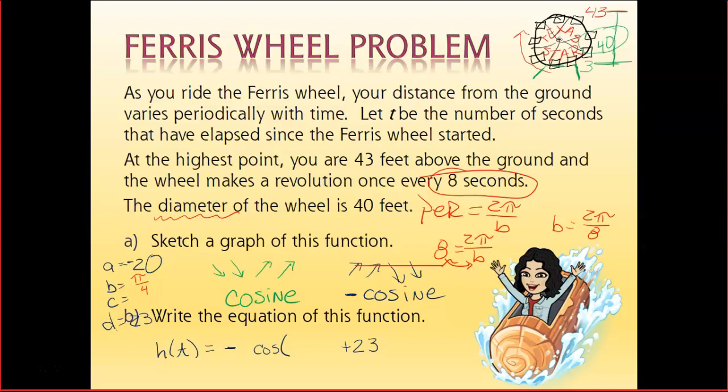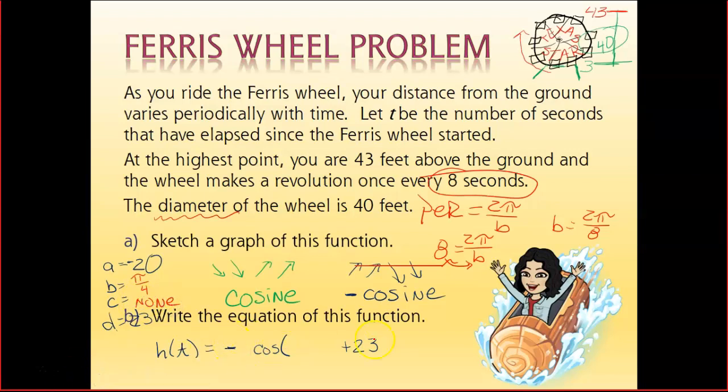Now, since we know we're using a negative cosine, instead of starting at the tip top, I have to start at the way down low. Am I at the way down low when I look at my graph starting? Yes. Since I'm starting at the way down low, I don't have to have a phase shift. So there is no C value on this one. So here we go.